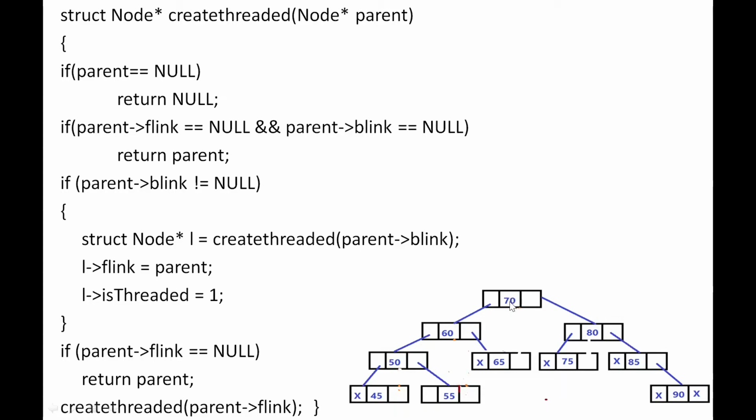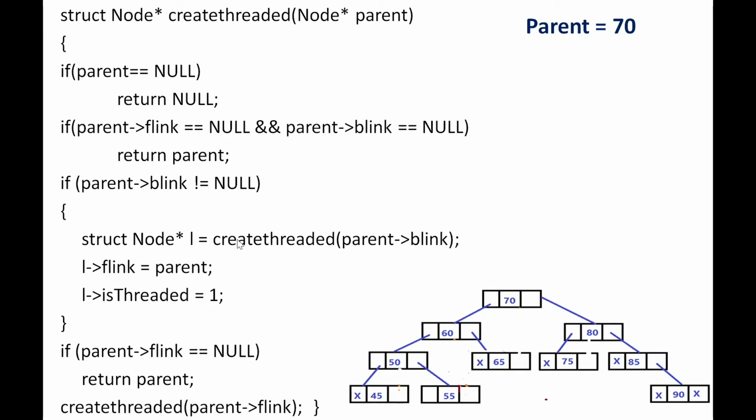So we will be passing the node 70 as an argument to this function, and then it will evaluate these conditions. Parent equal to null is false because it is not a null value, and secondly, parent of f link equal to null and parent of b link equal to null is also false, since it has both a right child and a left child. Then we check whether parent of b link is not equal to null.